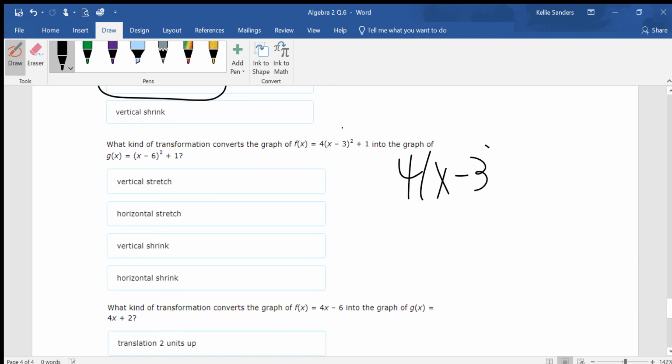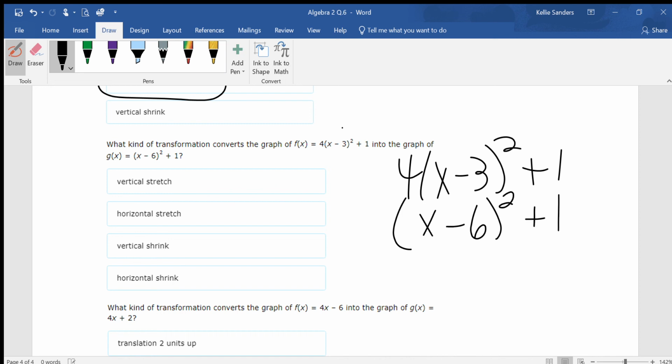4x minus 3 squared plus 1, x minus 6 squared plus 1. We're not going to worry about these numbers changing because I know we're looking at a vertical stretch or shrink.